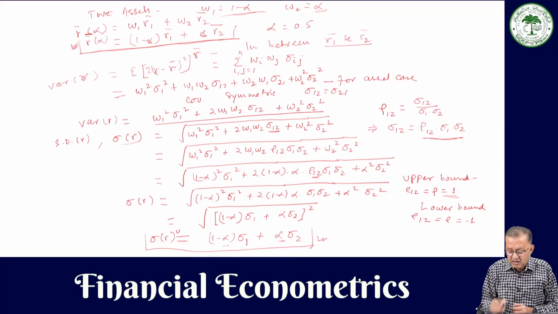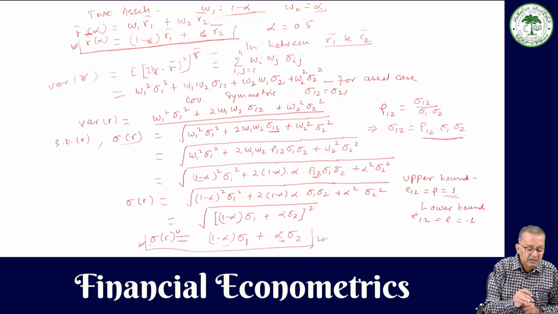Clear? So this is the linear combination of these two, and on the basis of this we are in a position to say that the movement of R bar and sigma will be proportional, and it will be in the forward direction.